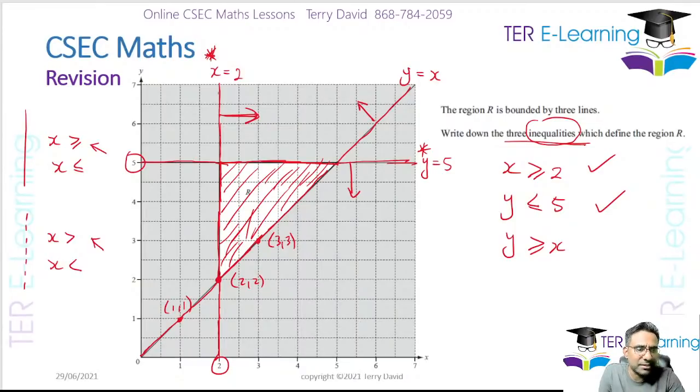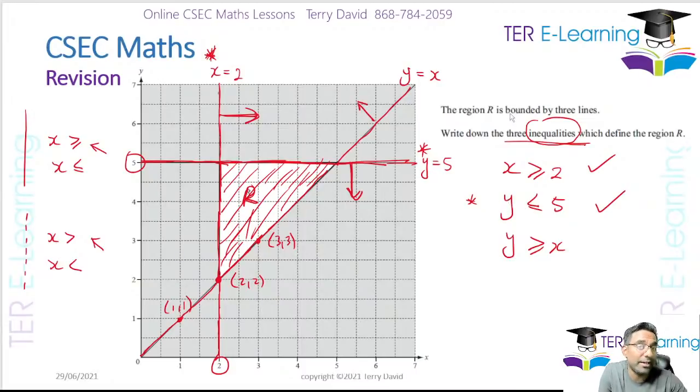Somebody's asking about the second one, y is less than or equal to 5. This is where the line y is equal to 5 is. Remember, this here is my region R. So I want to shade below this line, and if you want below the line, it has to be y is less than or equal to 5.